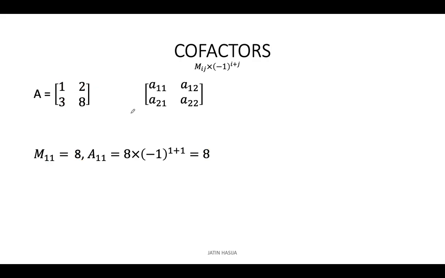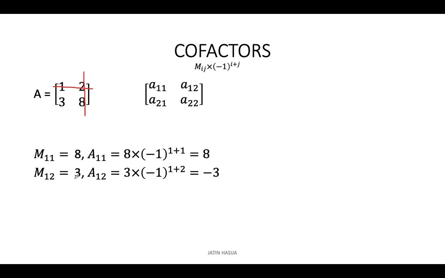Now, next we have M12. M12 is this element, means ignoring this column and ignoring this row, we will get the value as 3.